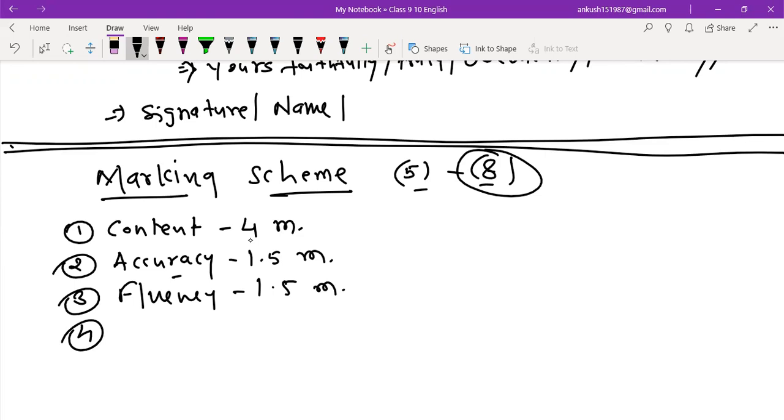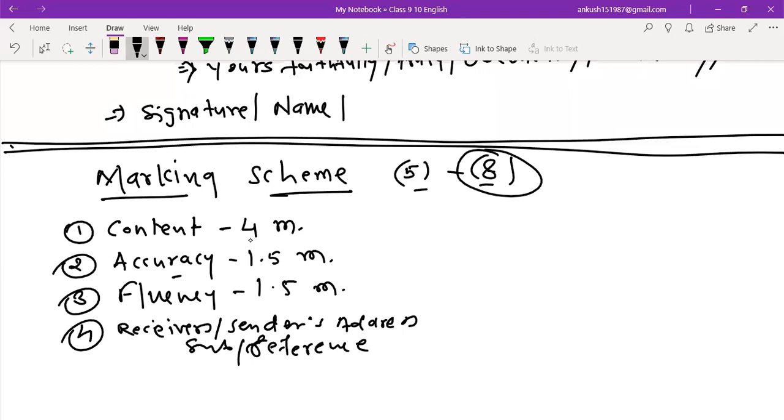Whenever you are writing the sender's address, the receiver's address, the format, that actually attracts 1 mark. Address, even subject or reference, complementary clause, whatever the other things included there, all of these comprise 1 mark.